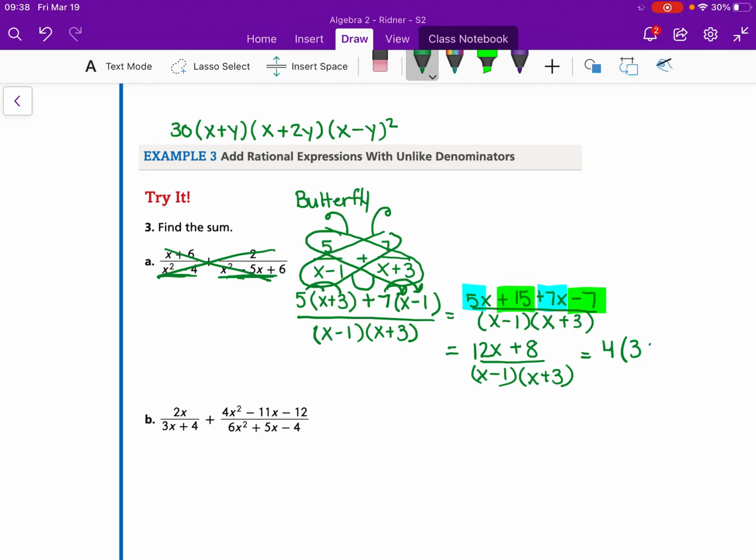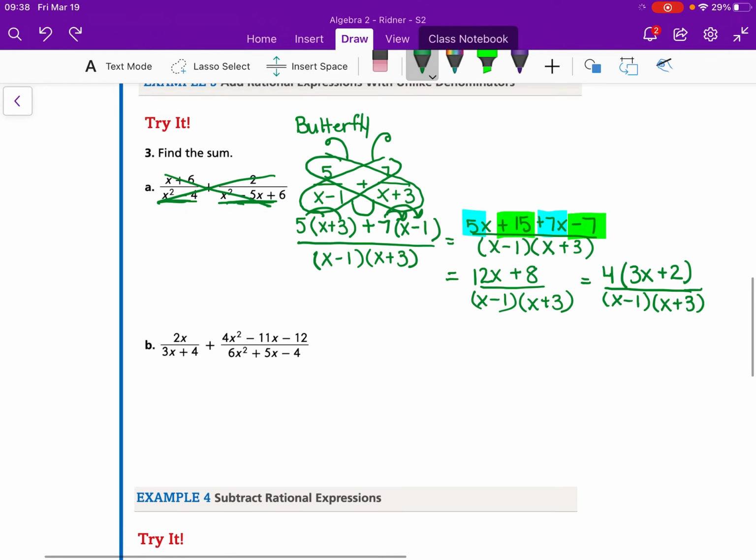Think, 4 times 3x is 12, and 4 times 2 is 8. And that would be my final answer. Occasionally, you might have something that would cancel at the top and the bottom if they were the exact same. This is not one of those cases, but sometimes that happens.